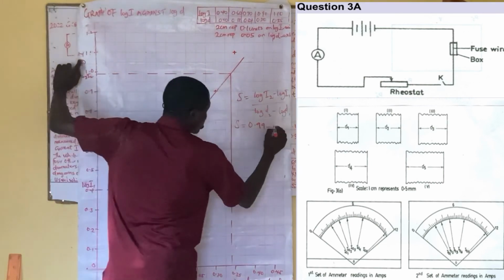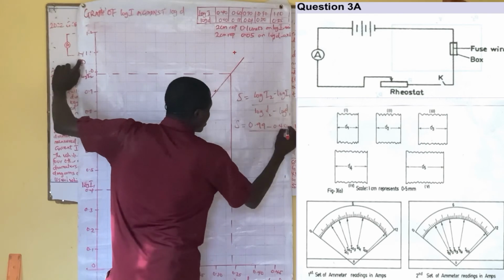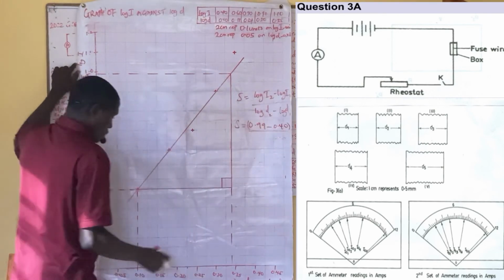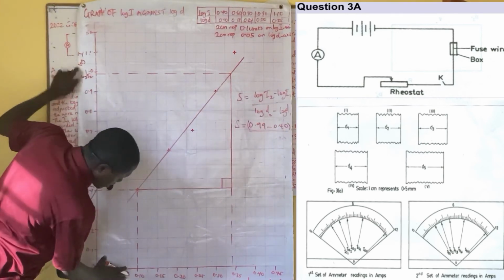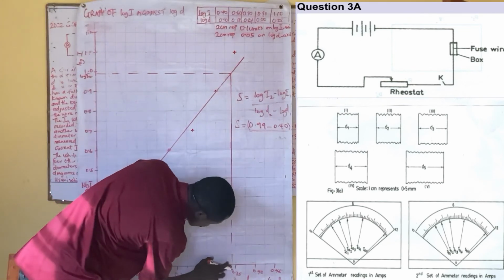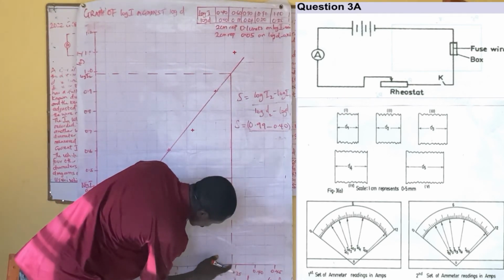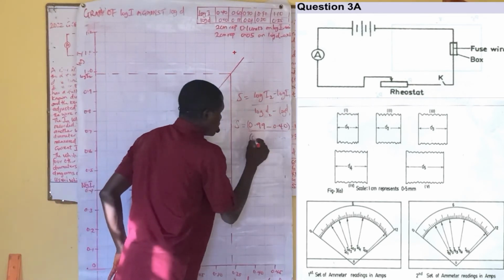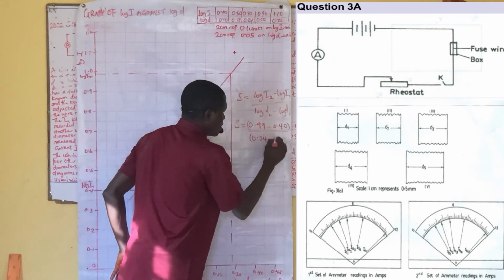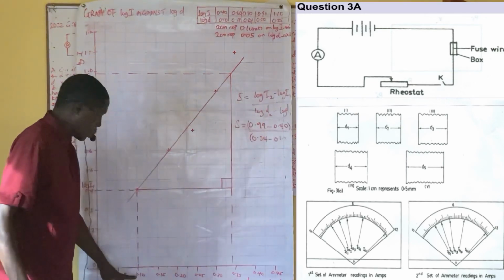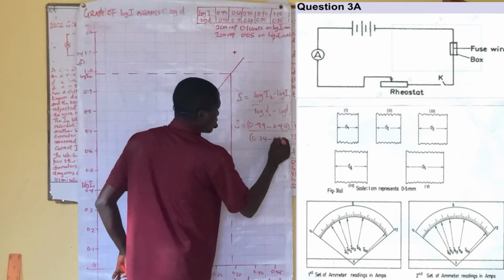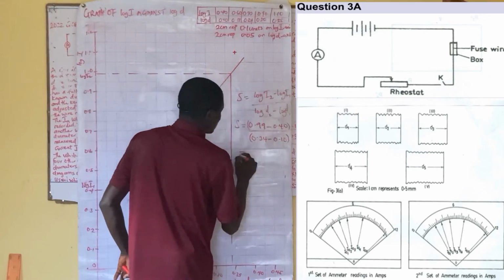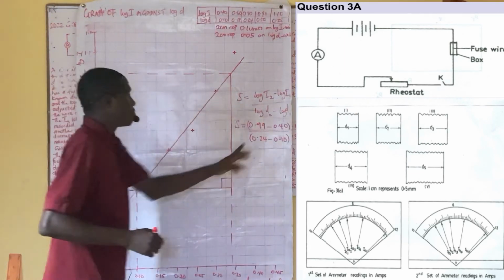So 0.40 divided by, no unit, don't forget that there's no unit here, divided by 0.34 minus 0.10, bracket close. So what do we have? Let's subtract this one from this one.